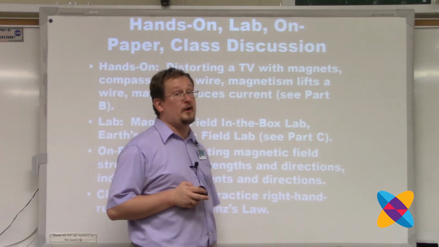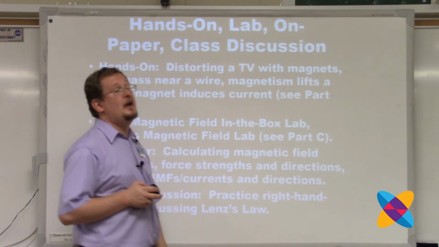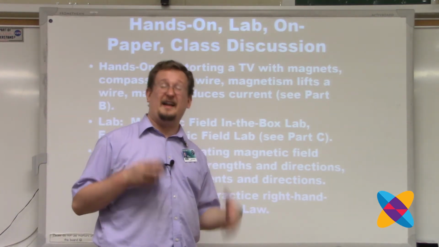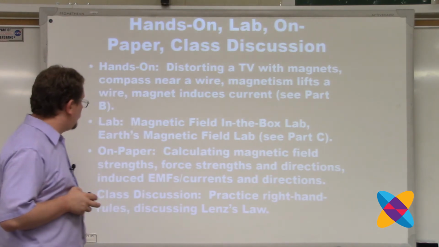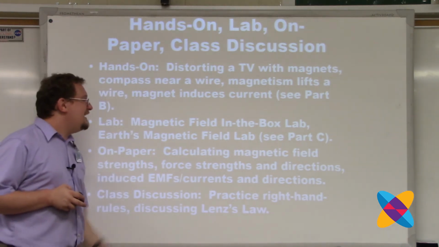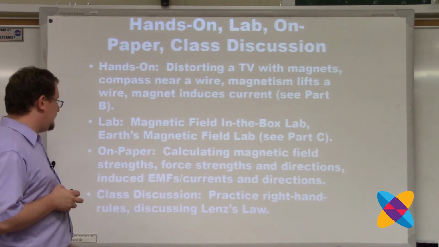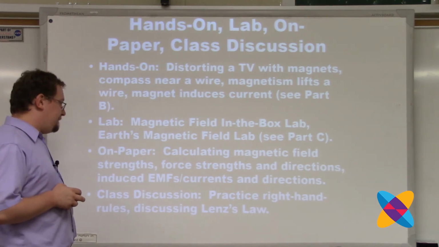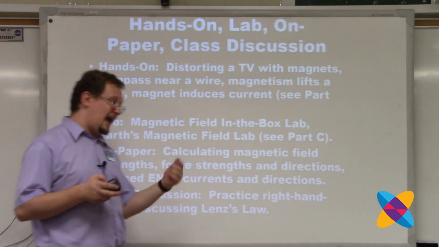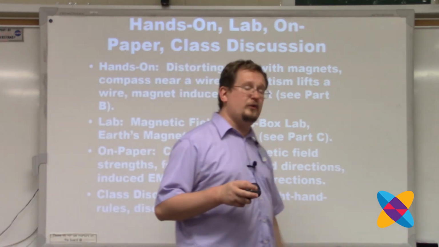These labs are pretty ornate. They're pretty serious business. They require very large setups, and I only have one setup for the entire class. The entire class does it together as one lab group. On paper, doing right-hand rules, doing the calculations, plugging into the equations. And class discussion might be discussing how we can use the right-hand rule, Lenz's law.